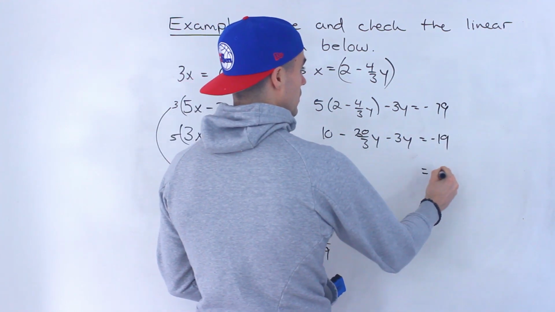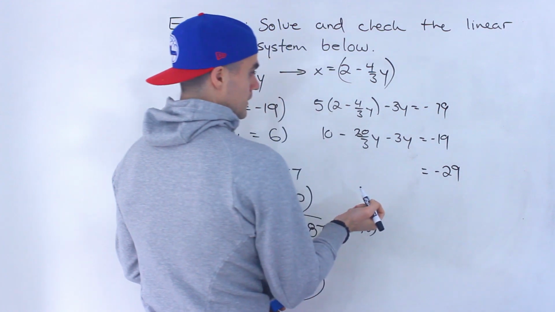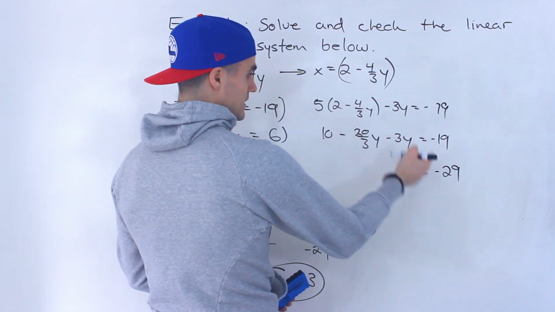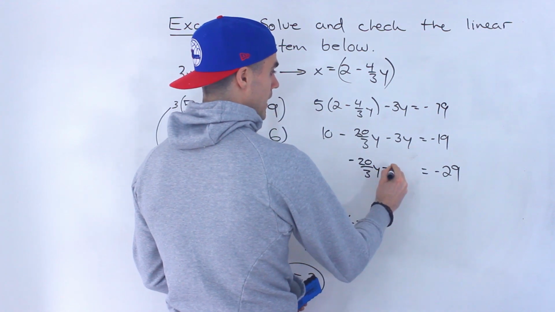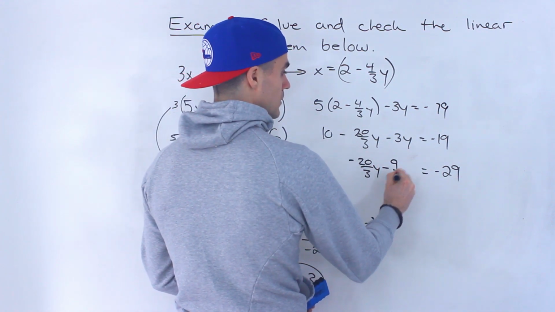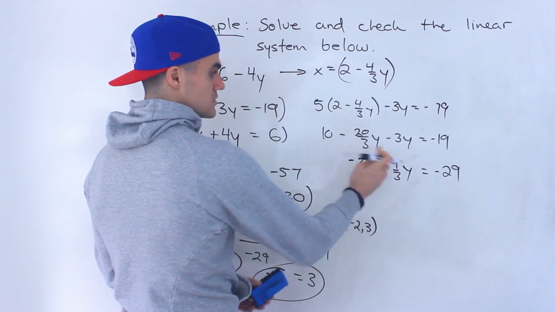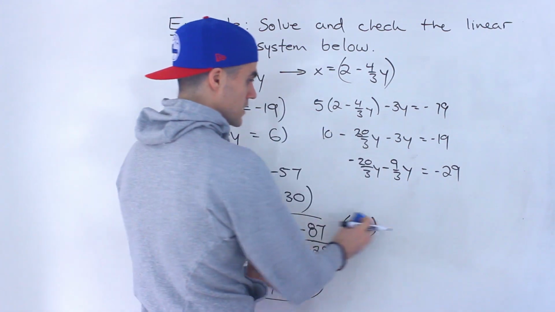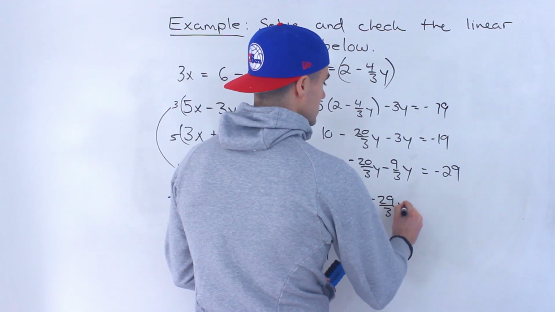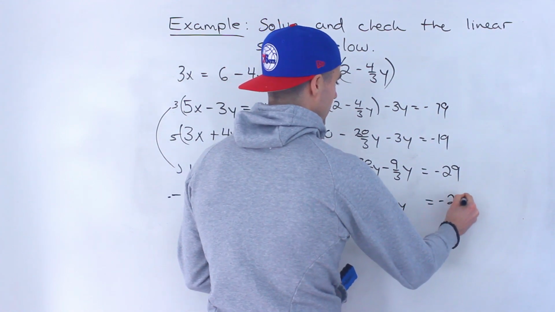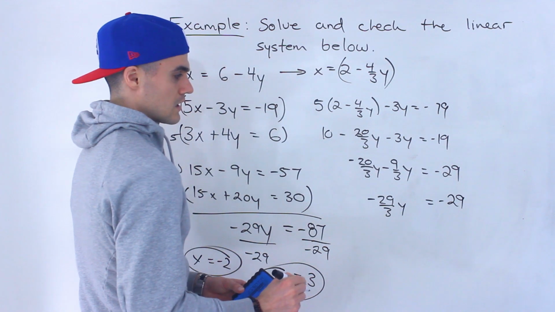Bring this over, right? Negative 19 minus 10 is negative 29, and then negative 20 over 3 y minus 9 over 3 y. If we get a common denominator between these two to make them one expression, we'd end up with negative 29 over 3 y. Notice how it's a lot more of a headache doing substitution.